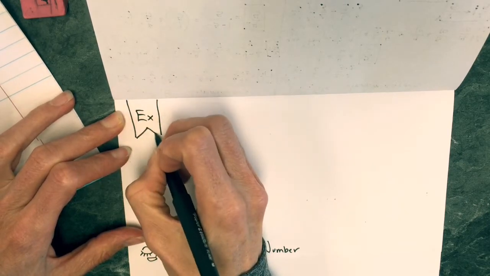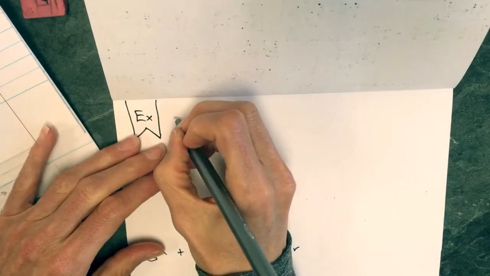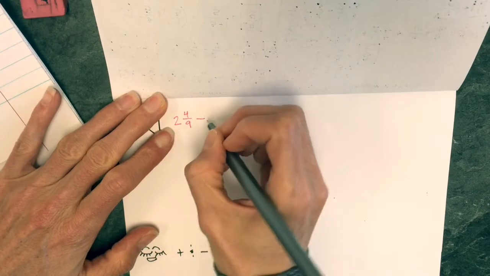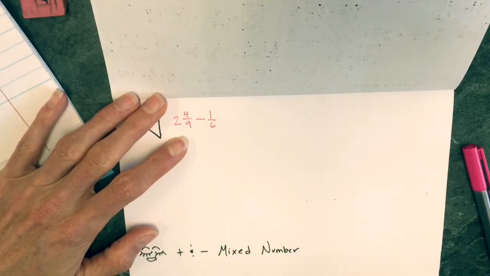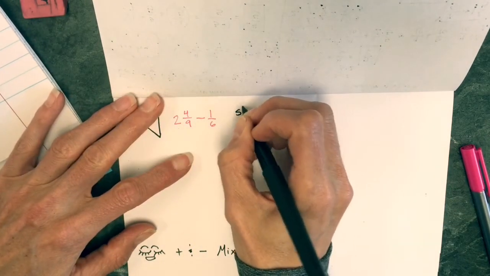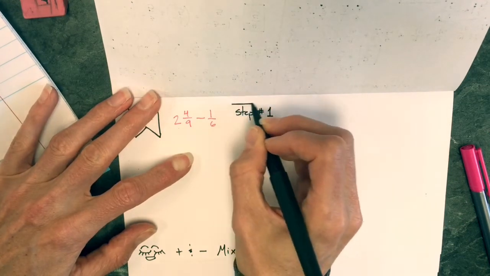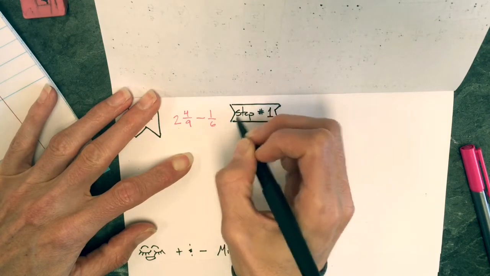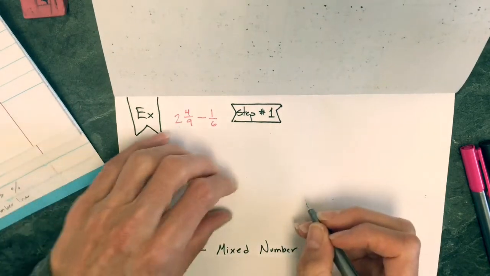First example. 2 4/9 minus 3 1/6. So the first step, let's write down our steps. Step number 1 is we're going to change our mixed numbers.